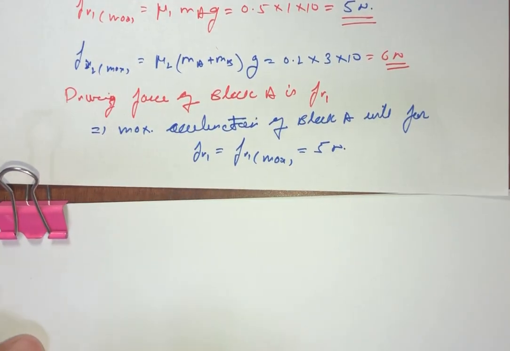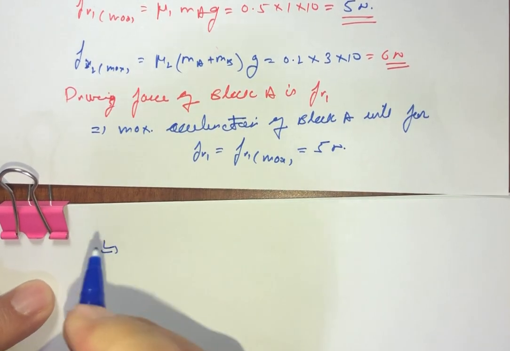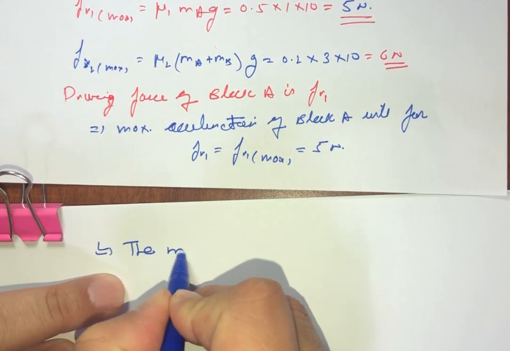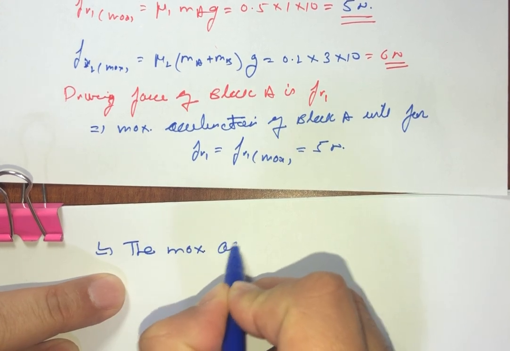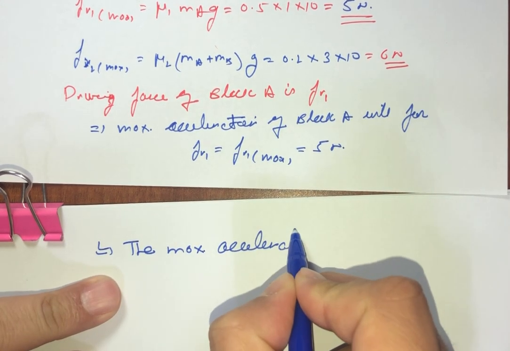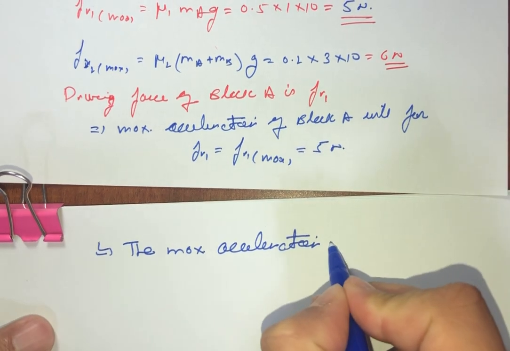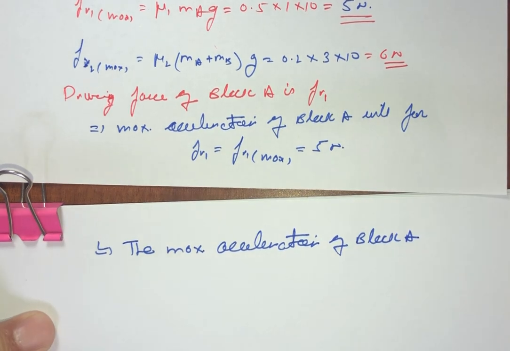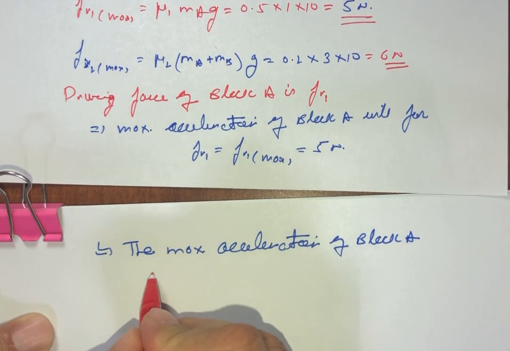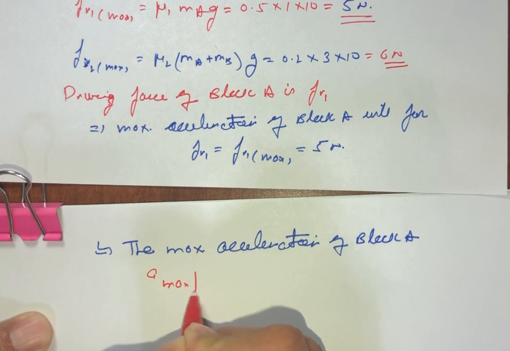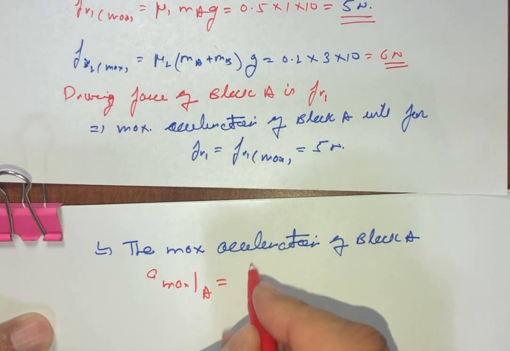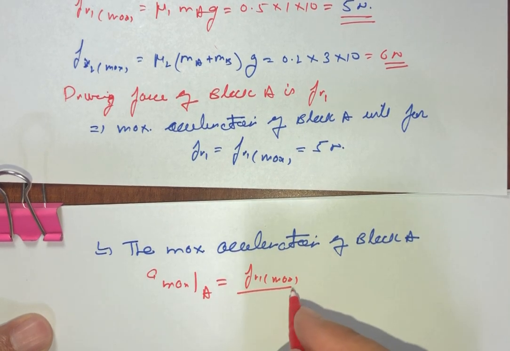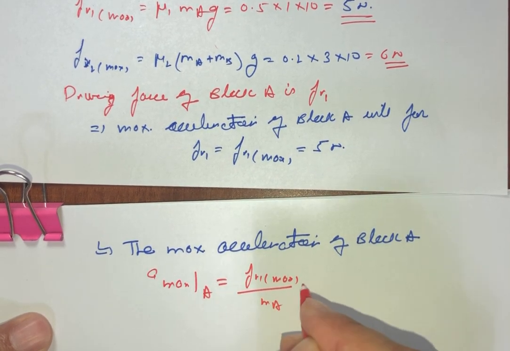Therefore, the maximum acceleration of block A is a max for A equal to Fr1 max divided by its mass mA.